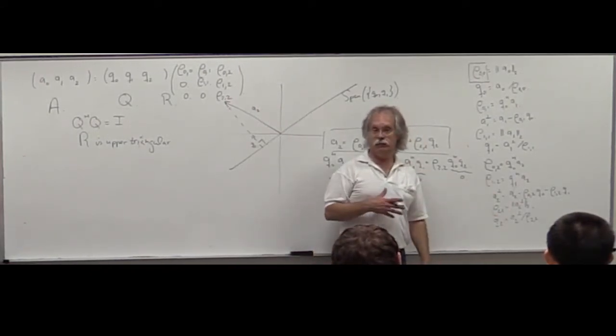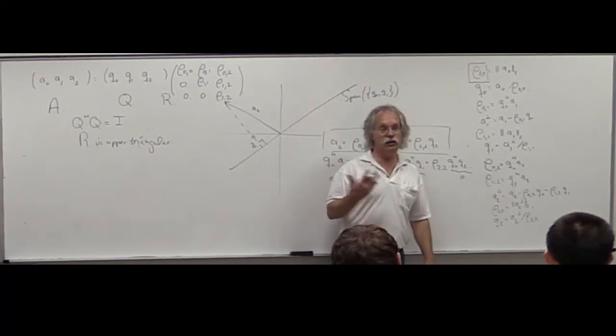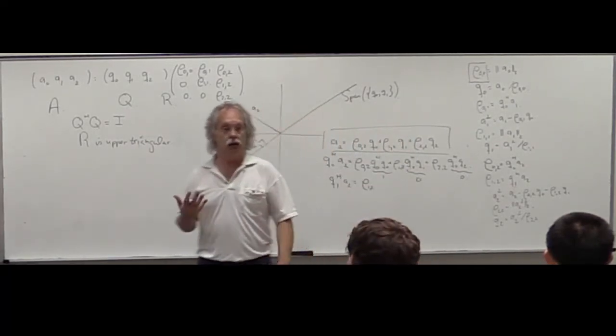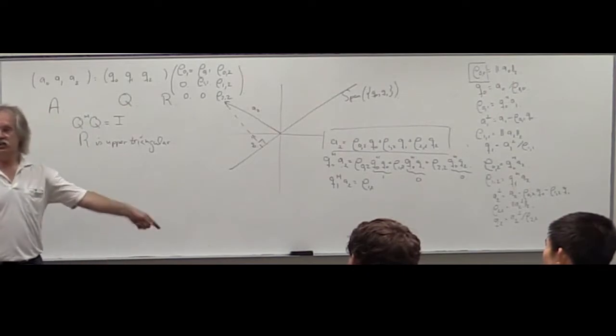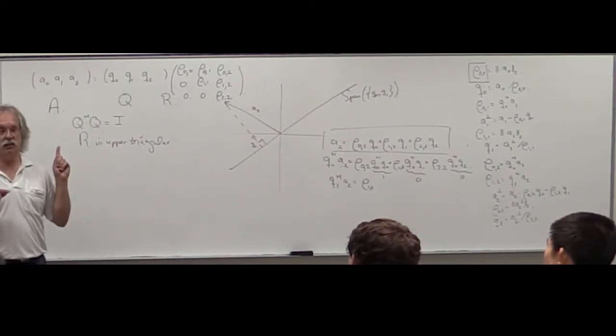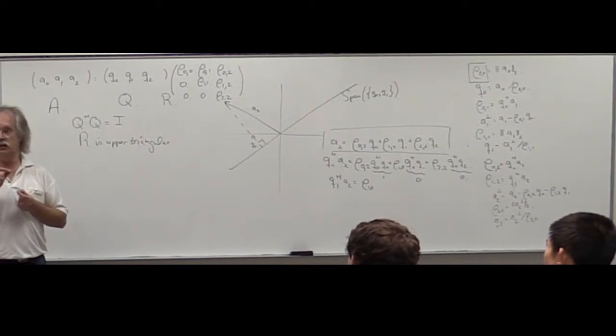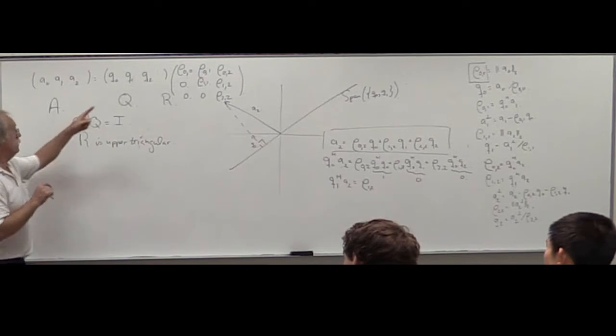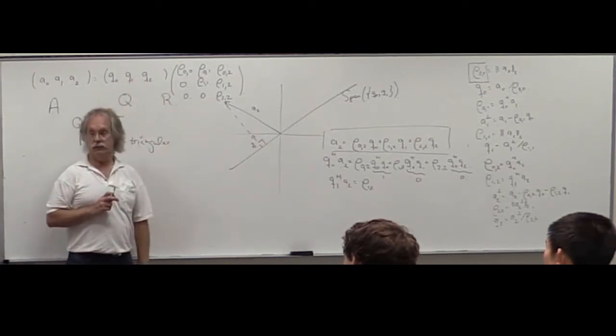And if the matrix A started with linearly independent columns, then you know that every time you subtract out components in the other directions, you're always left with something, because otherwise it's not linearly independent. And therefore, you know that it has length, and therefore you know that the diagonal elements are positive.